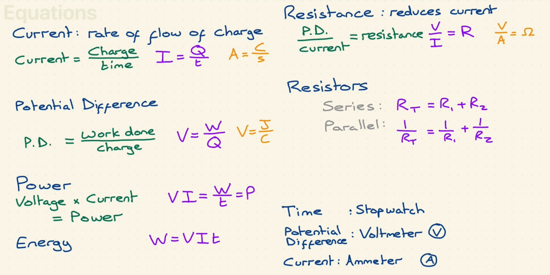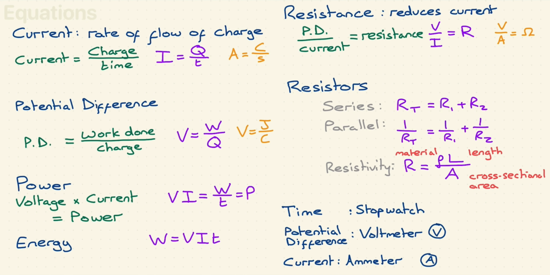And that's it for equations for GCSE Physics Electricity. But I'm going to throw in a bonus one. The resistance of a wire depends on the length of the wire, the cross-sectional area of the wire, and the material. The resistance is proportional to the length, it is proportional to 1 over area, and it changes with material.